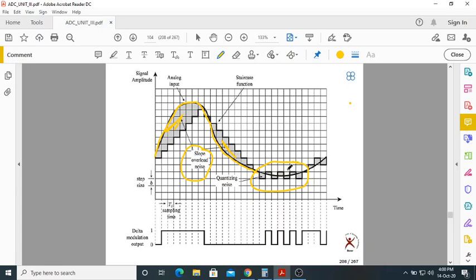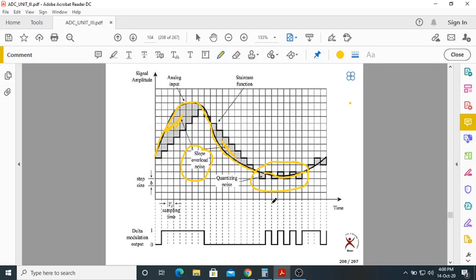When you get the granular noise, the slope of the staircase is more than the slope of the given analog signal. In other words, whenever the given signal is flat, you may get some oscillations around plus or minus delta of the staircase. That is called granular noise.